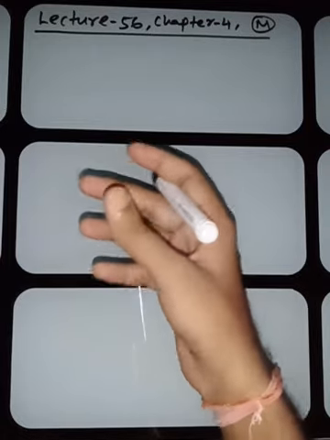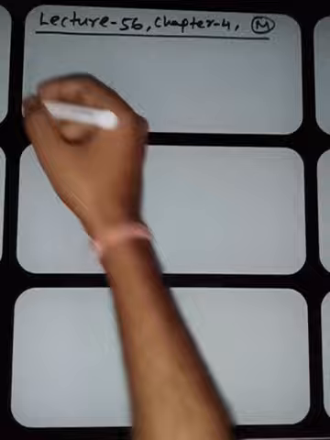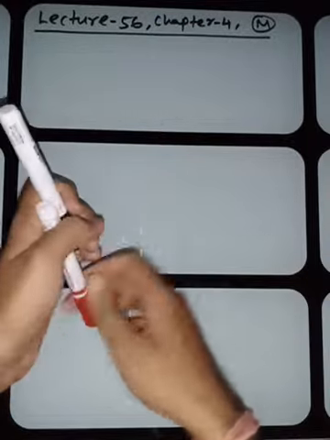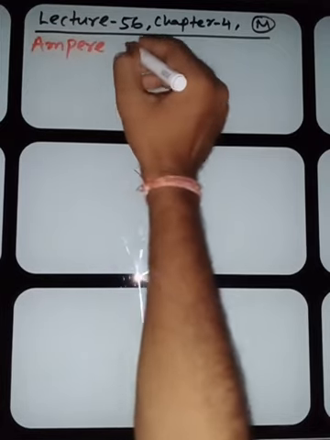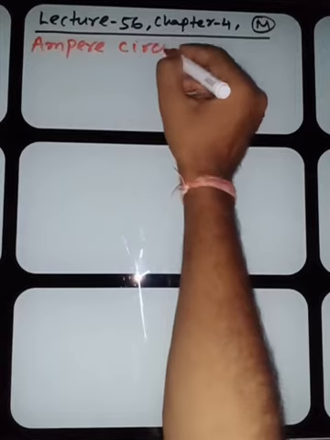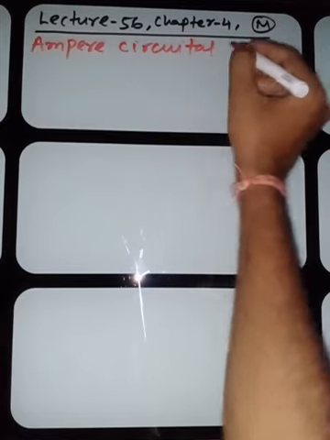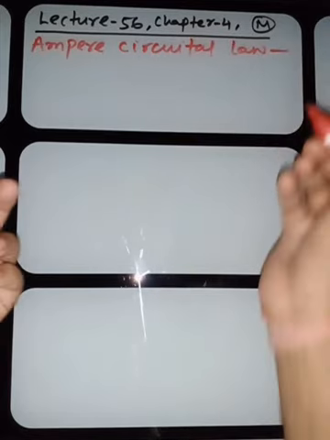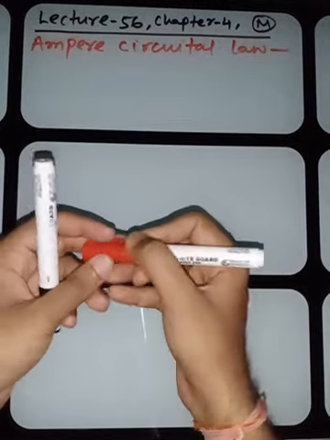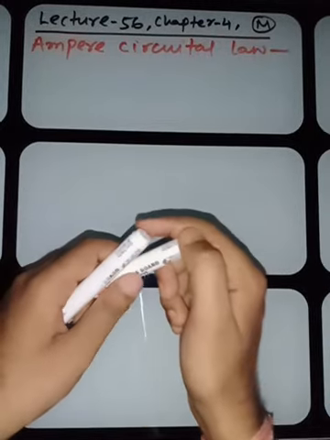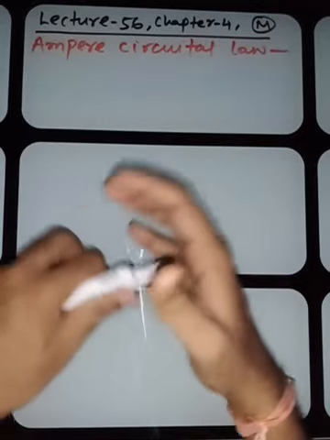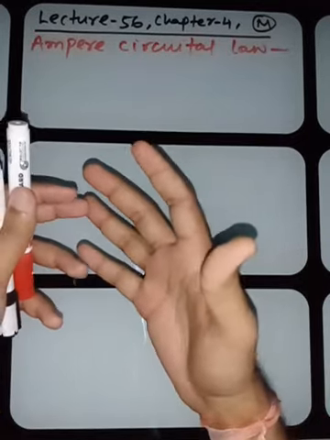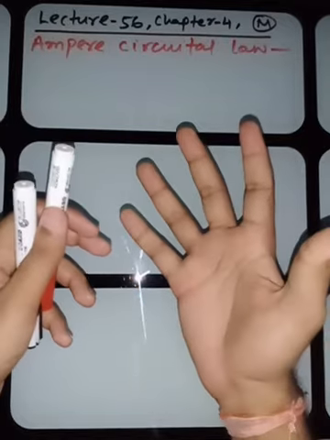Alright my dear students, here is the Ampere Circuital Law, the topic of today. My dear students, Ampere Circuital Law really works to simplify the calculation, as done by Gauss law.